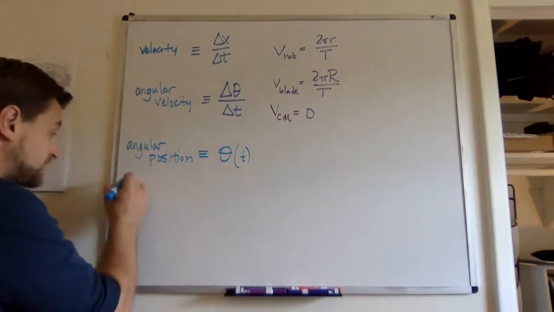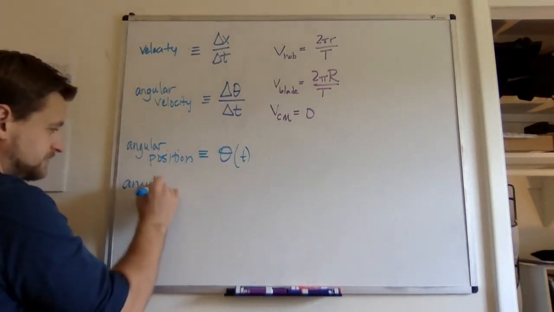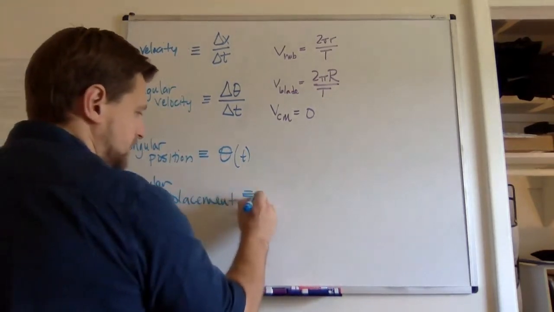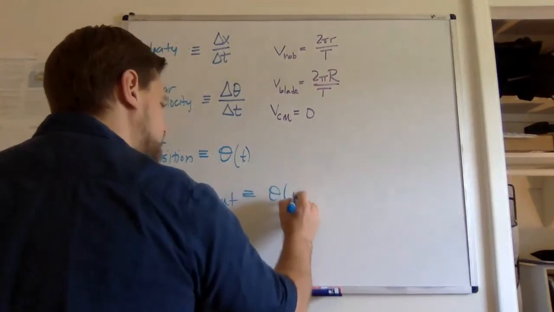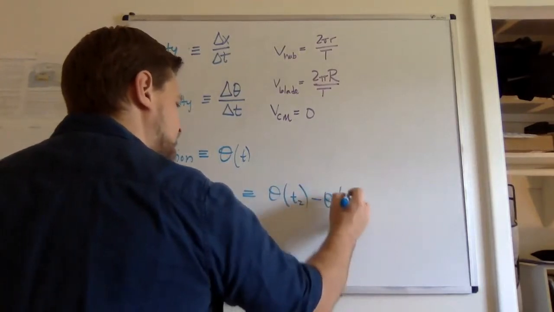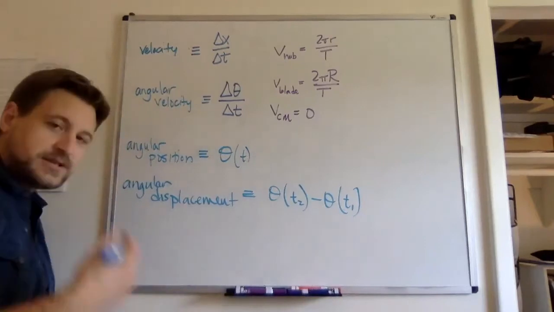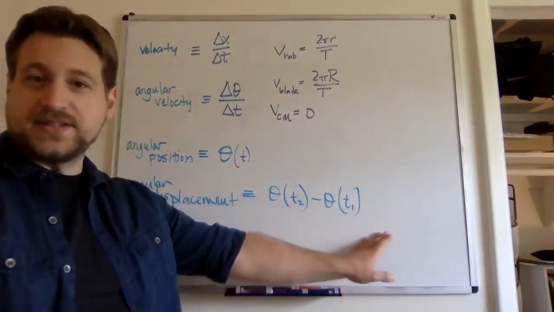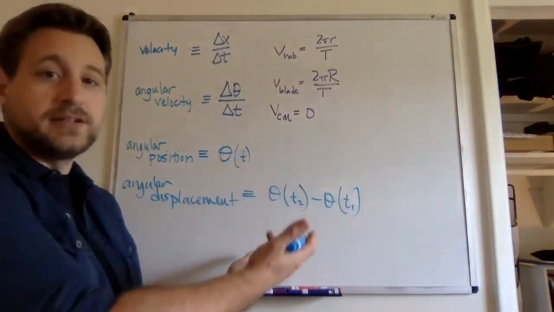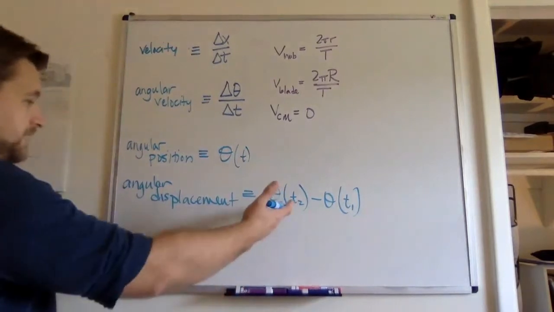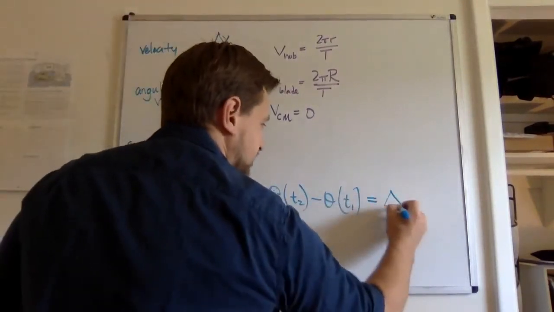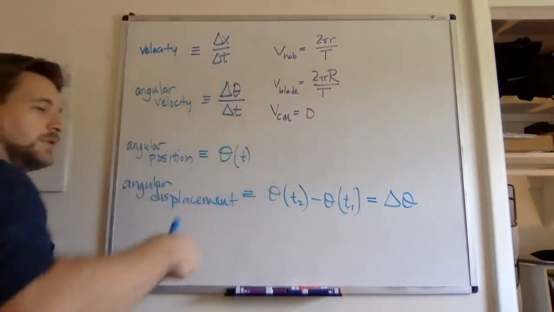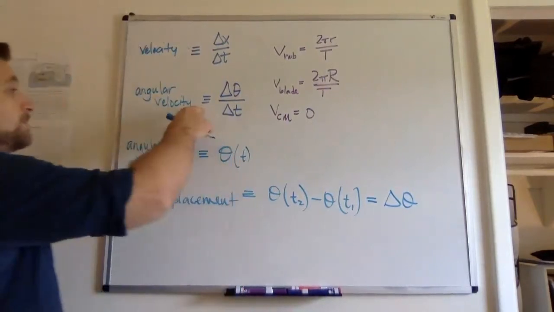Okay, angular displacement. Theta at some later time minus theta at some earlier time, just like we defined regular linear displacement. Position now minus position then. It's the same thing, just angular position. We'll call that delta theta. Displacement over time, well, angular displacement over time.